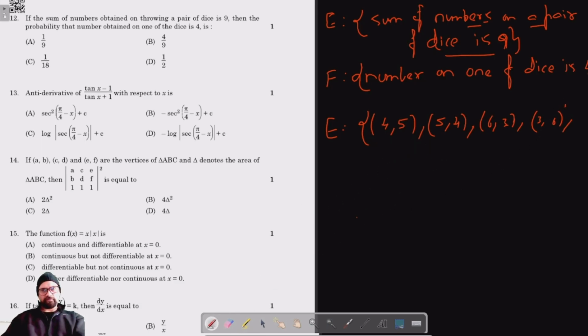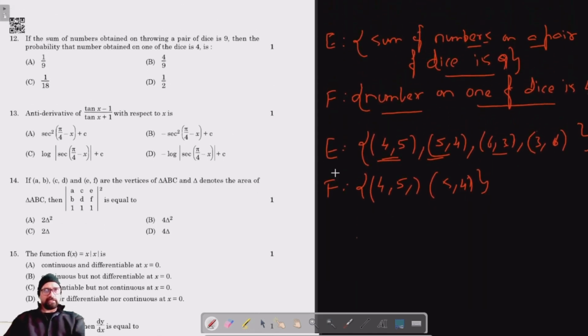These are the possible pairs: 4 5, 5 4, 6 3, and 3 6. Now the number on one of the dice should be 4, so F is the event, so we have 4 in these two: 4 comma 5 or 5 comma 4.